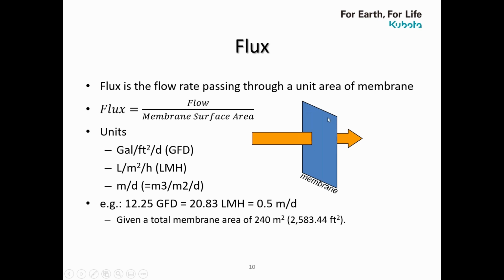That means if you have 1 square foot of membrane, how many gallons of water go through this 1 square foot in a day. You use something like 10 GFD, 15 GFD, 20 GFD. That's very common terminology in this MBR business, and it basically means flow rate per square foot.